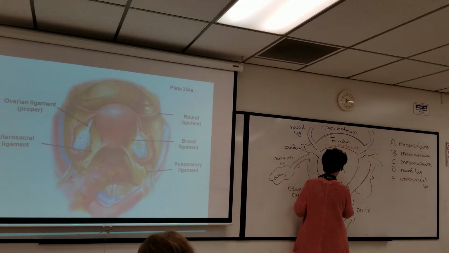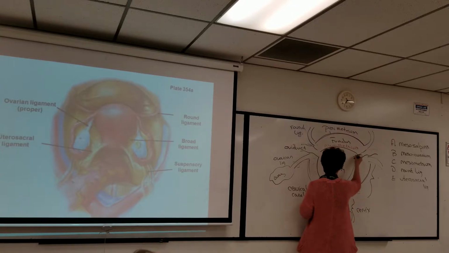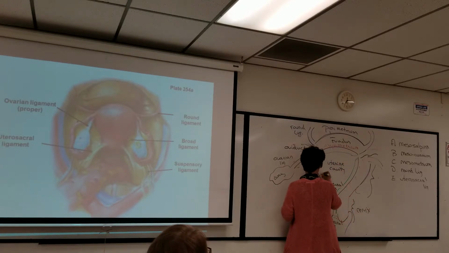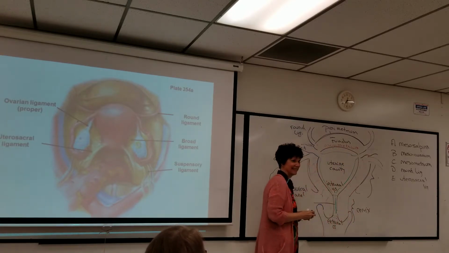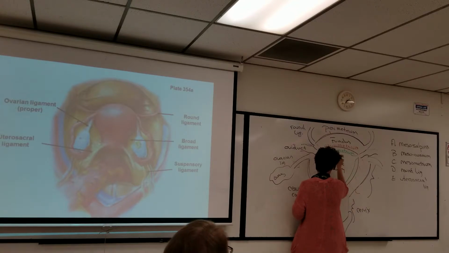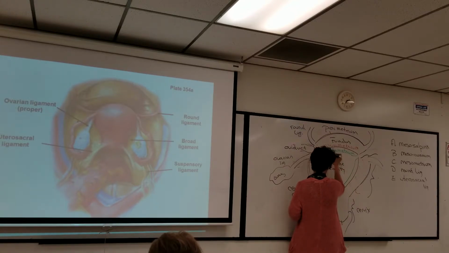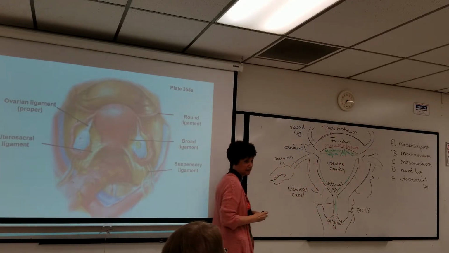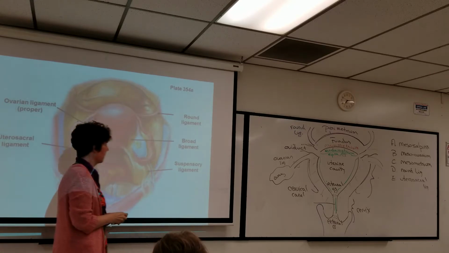This has quite a bit of connective tissue, and that is known as the endometrium. You have heard of endometriosis? Okay, so this is epithelium plus connective tissue. And it's under the control of estrogen and progesterone. So that's going to be lining the uterine cavity.